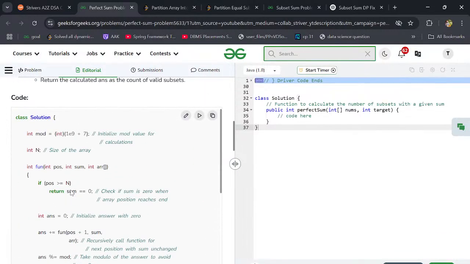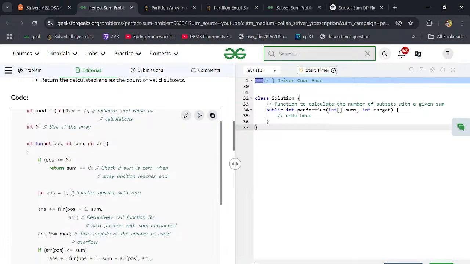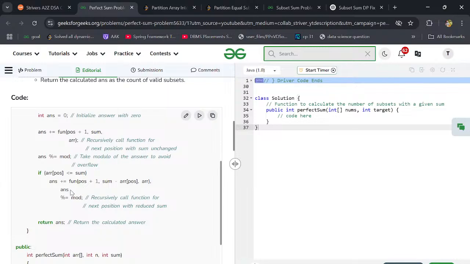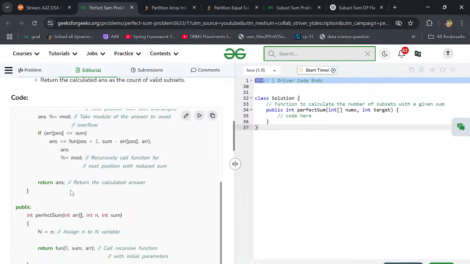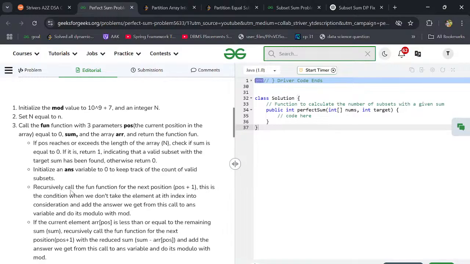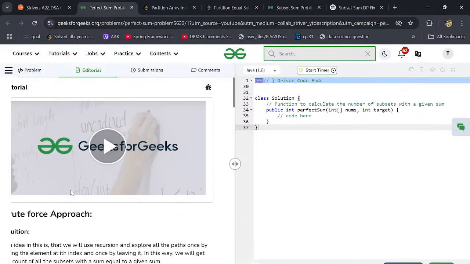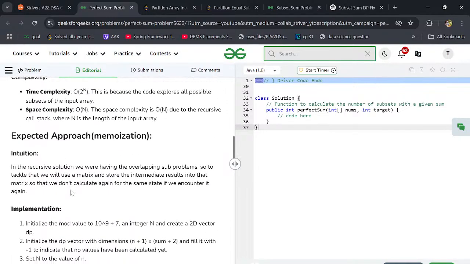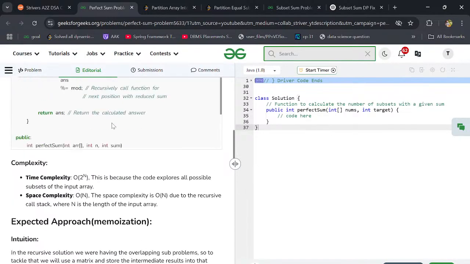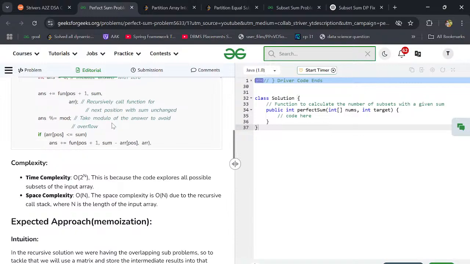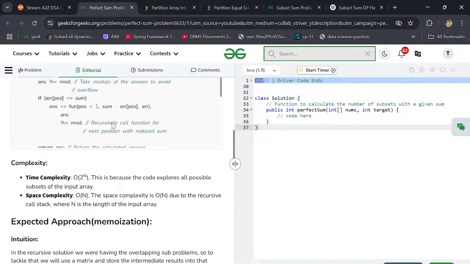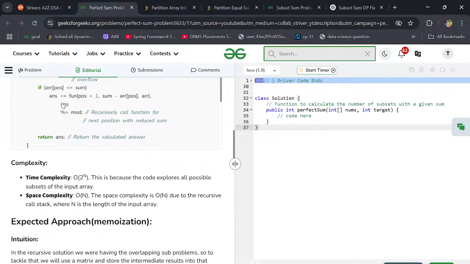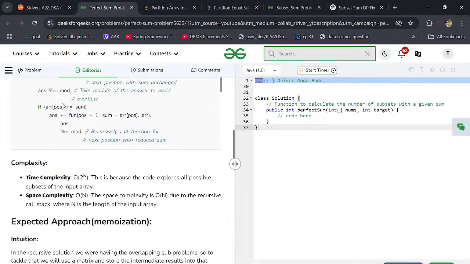Why are they making this so complicated? Okay, they are doing the same thing but using modulo. The top-down approach is a little bit confusing, that's it.